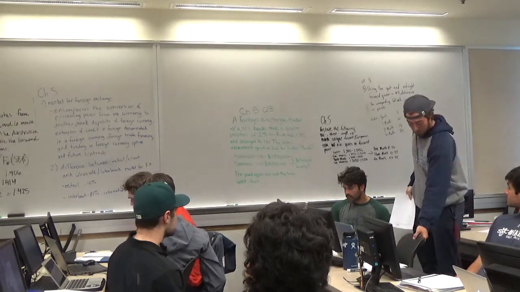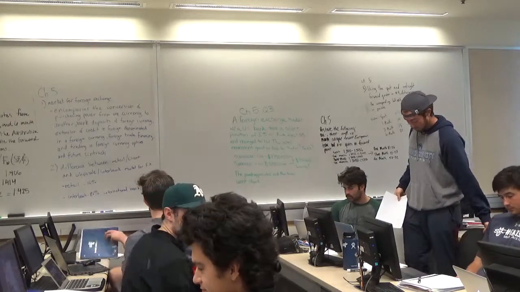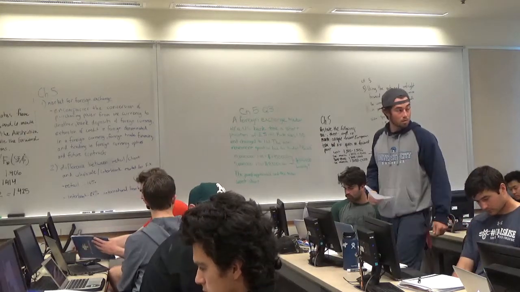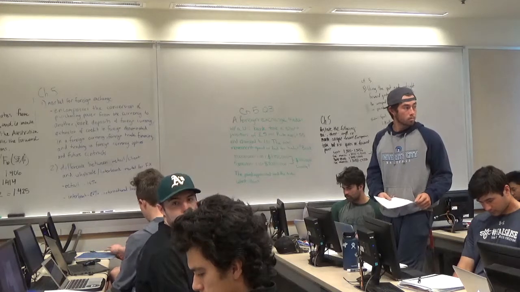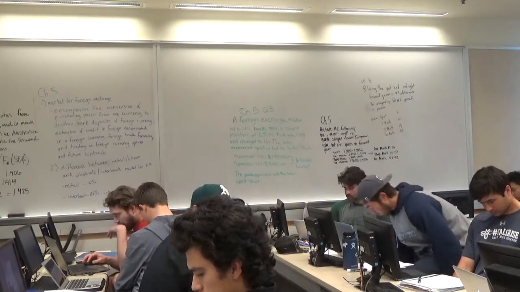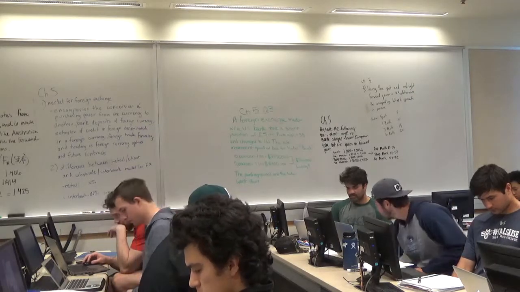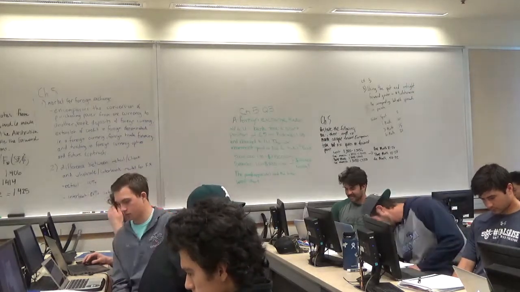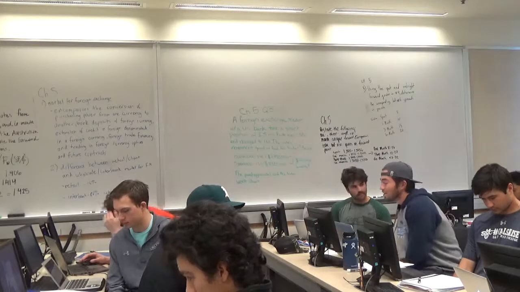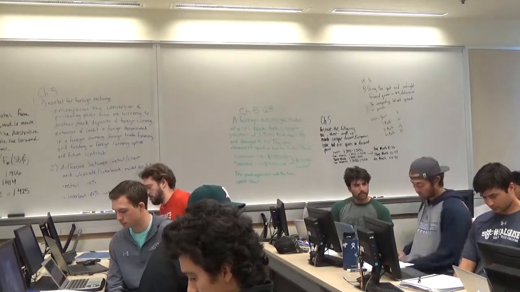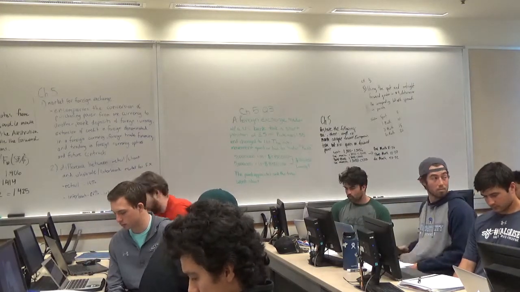And then on that global portfolio question, it asks what would be the effect on the capital allocation line if the risk-free rates went negative? What would happen to your expected return on the portfolio if risk-free rates went negative?